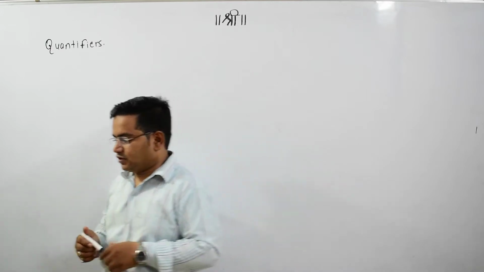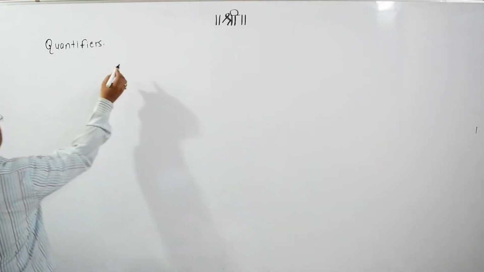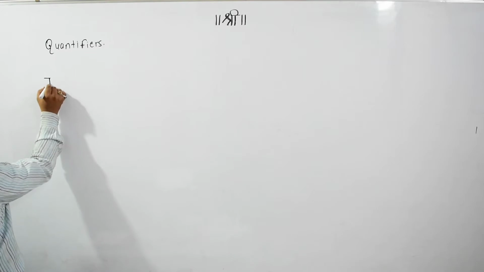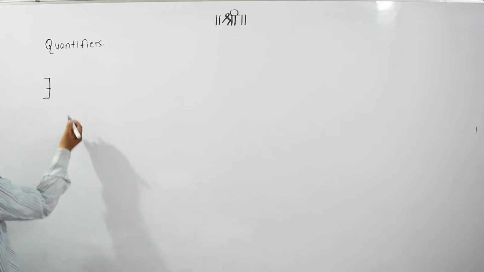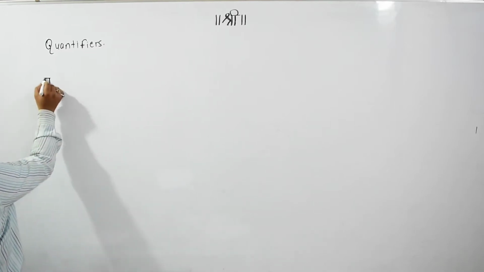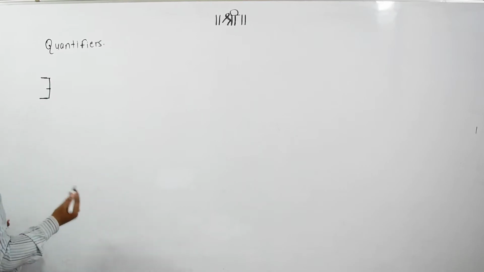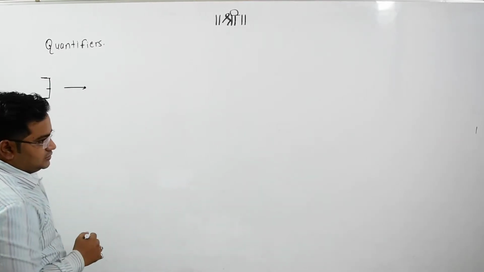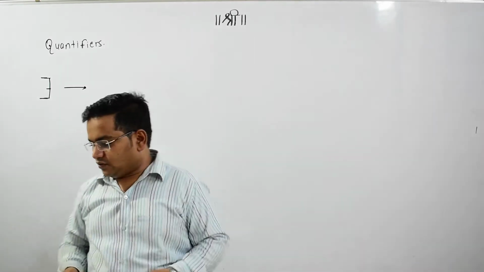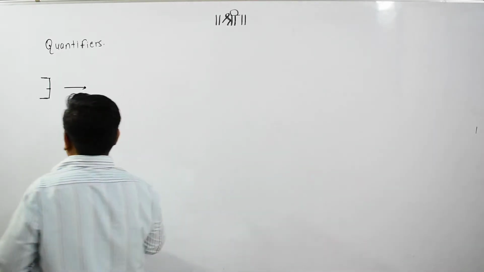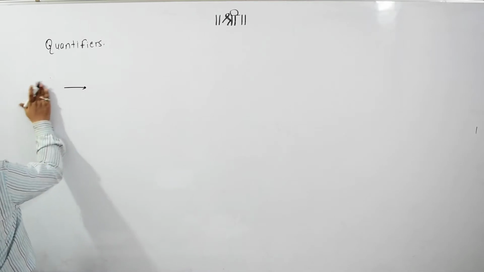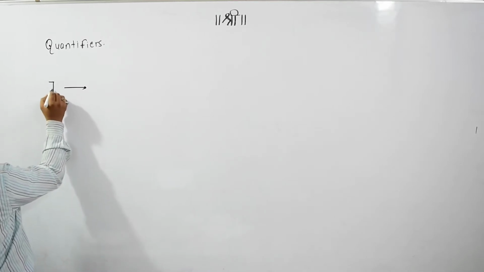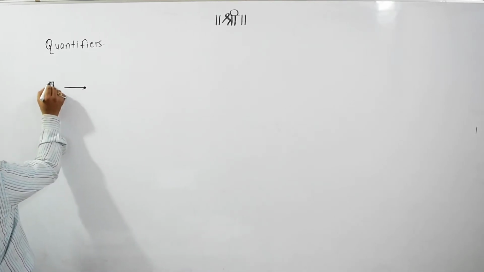Now the next step: what is the first quantifier? The first quantifier symbol is like this. This quantifier is used for the given x belongs to set A. What is the meaning of that? The meaning is: there exists some kind of x.